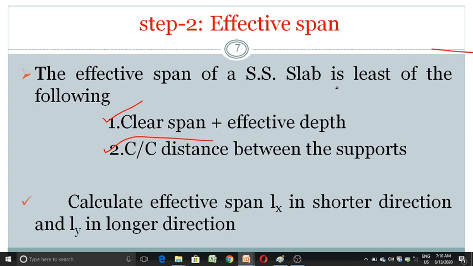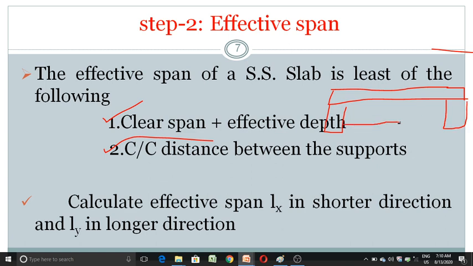So what do you mean by this? Suppose you take a simply supported beam here, roughly I am drawing, please. This is a beam which is simply supported here, right? And this is the clear span.